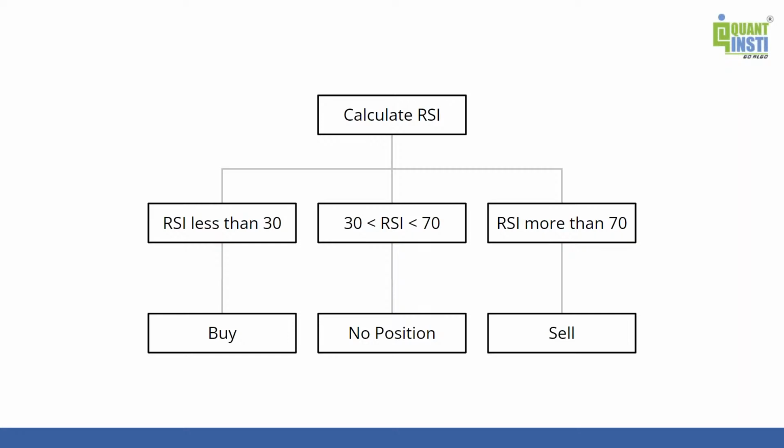And if it is more than 70, then you would sell the asset. So these are simple rules which you can follow. Now, to check the effectiveness, we will try to automate the backtesting part of it to check the effectiveness on past data. Let's see how that looks like.